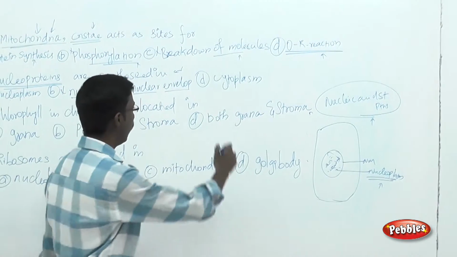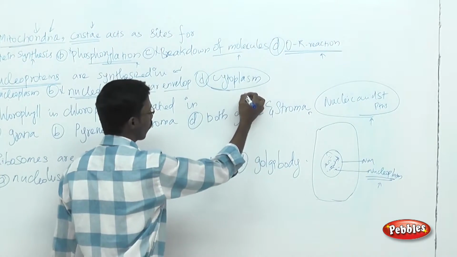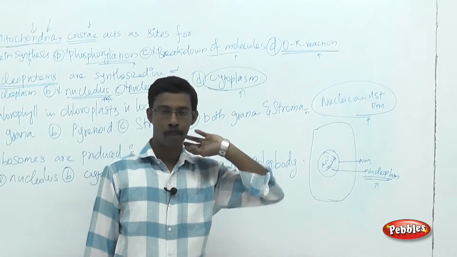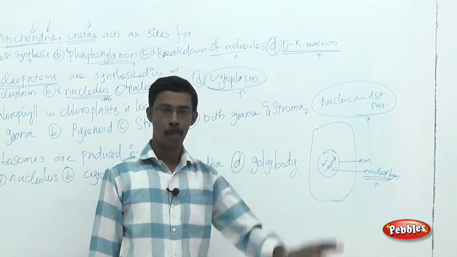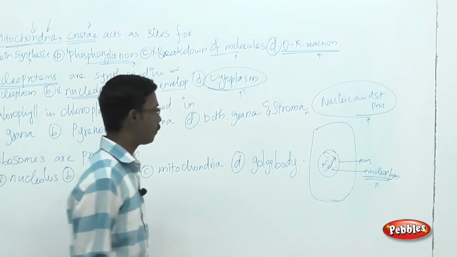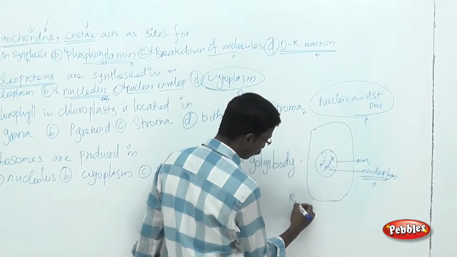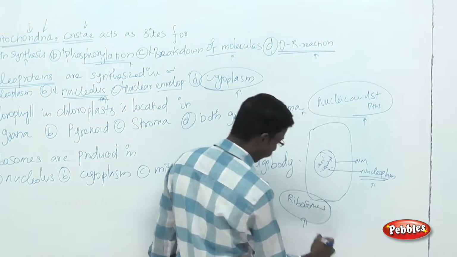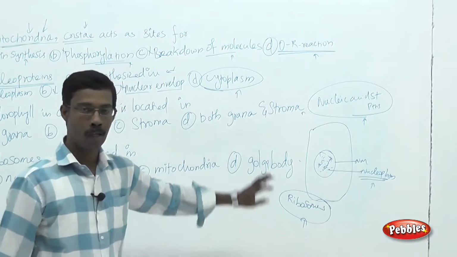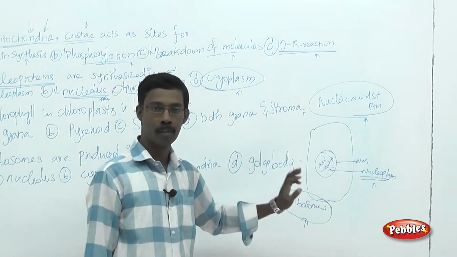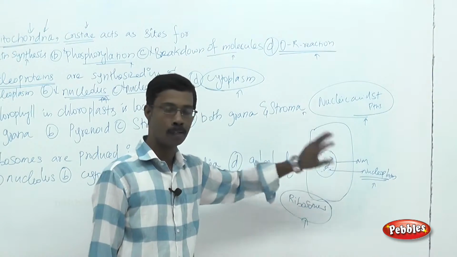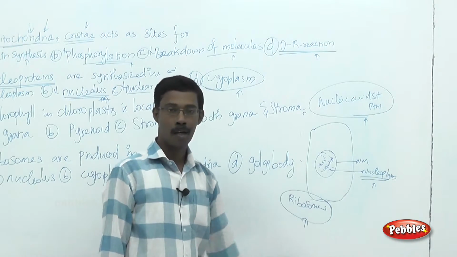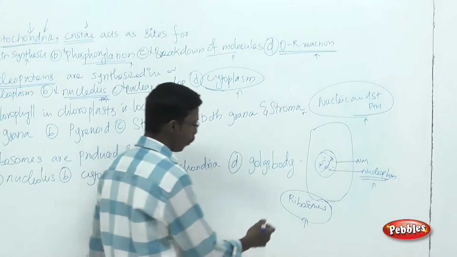The answer is cytoplasm. Just remember one thing: whenever you are thinking about protein synthesis, you have to remember only two structures, the cytoplasm and the ribosomes. Another major point: ribosomes are absent from the nucleus. The nucleus does not contain ribosomes.